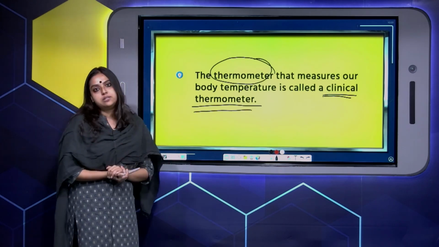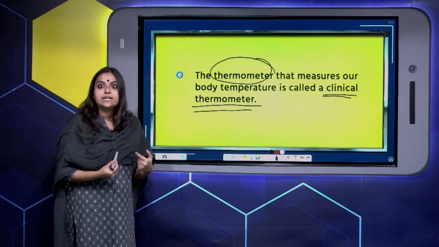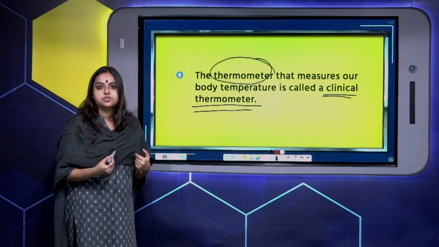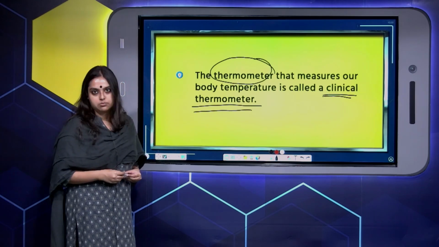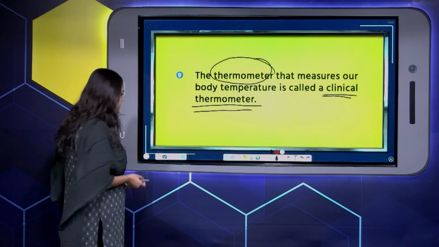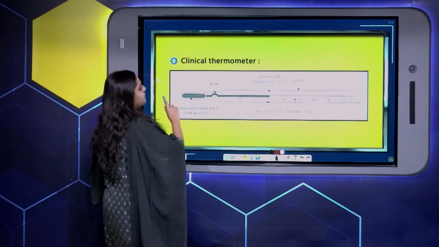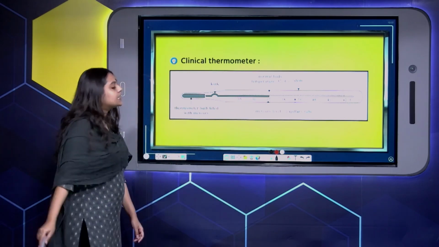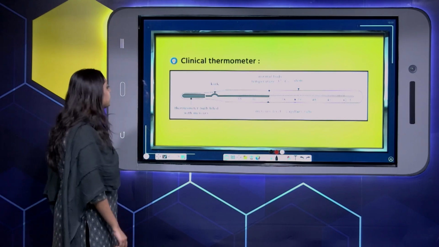But one thing that we need to discuss is the thermometer that measures the body temperature. We call that thermometer a clinical thermometer. Let's see what it is. Okay, so this is a picture of a clinical thermometer, right?